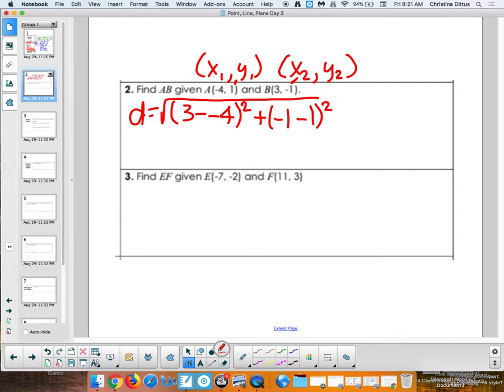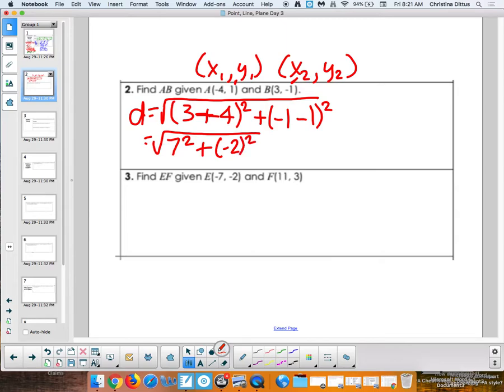Okay, now I just have to solve. Tell me what happens when I have minus and negative? Positive. Plus, yeah. What is 3 plus 4? 7, so let's write our square root. This whole thing becomes 7 squared plus -1 minus 1, -2.